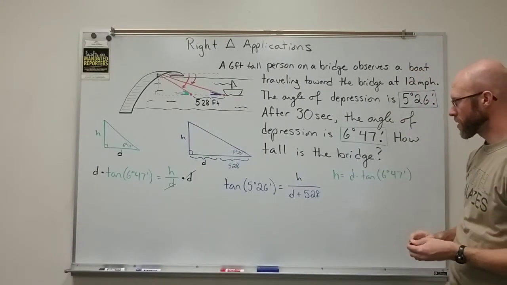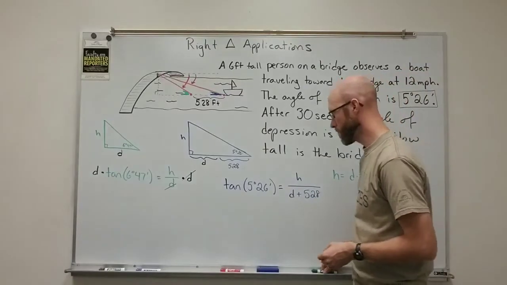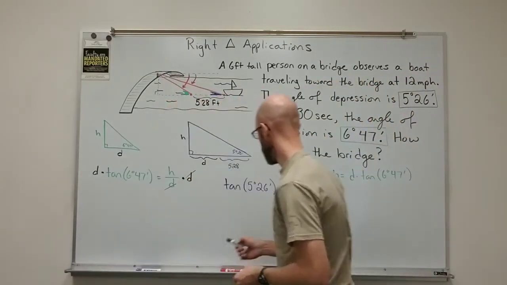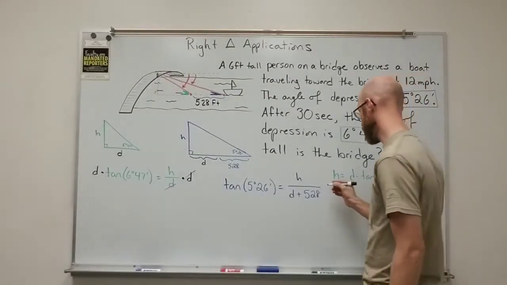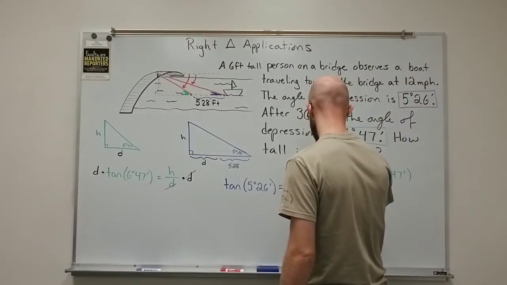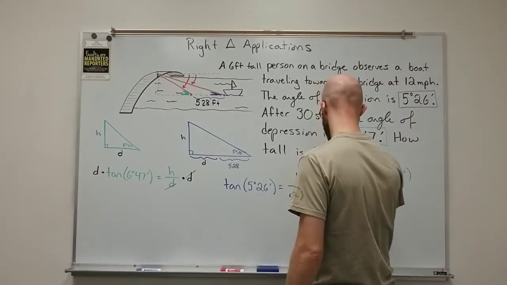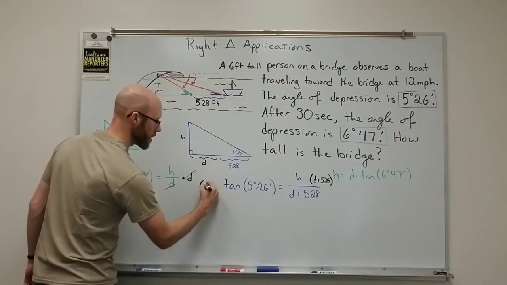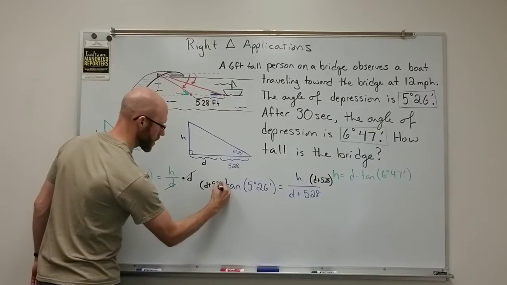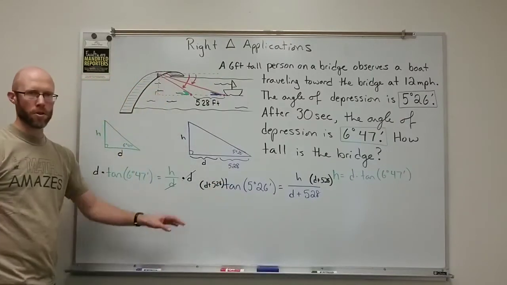The second equation, I'm going to multiply both sides by the denominator, which is d plus 528. So multiply by d plus 528 on the right, and do the same on the left, d plus 528. All right, multiplying both sides.